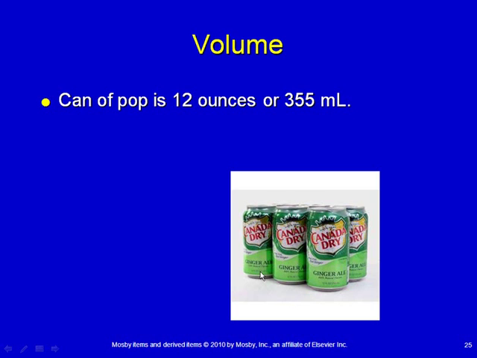This is a 12-ounce can. When we take a 12-ounce can and multiply it by 30 milliliters, because there are 30 milliliters in an ounce, we say 30 times 12, and we see that there's about 360 milliliters there. When I read the can, the can actually says there's 355.